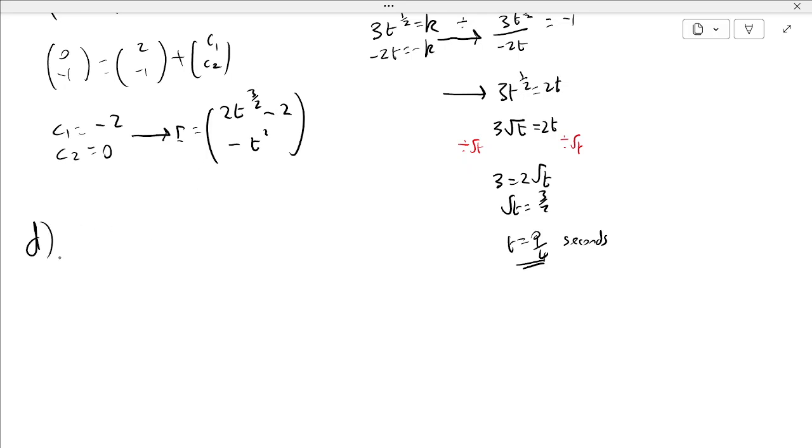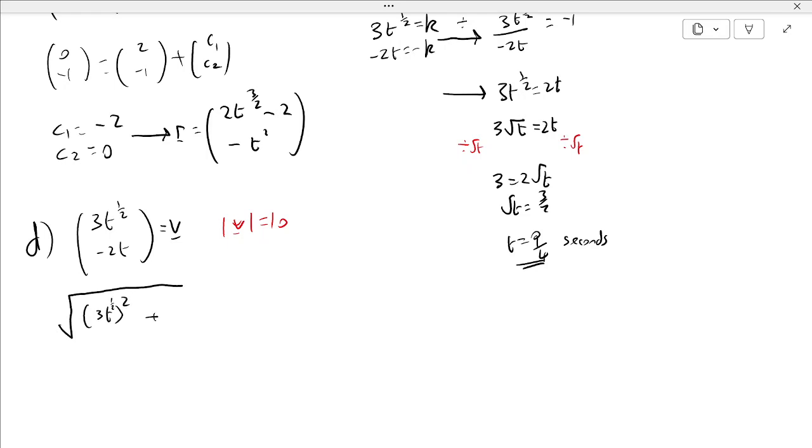So part D. 3t to the half, negative 2t. That's my v. And because my velocity has magnitude 10, how do I calculate the magnitude of a vector? That's when you do your Pythagoras. You square each component, sum, and square root. So (3t to the 1 half) squared plus (negative 2t) squared, when I square root it, will give me 10.